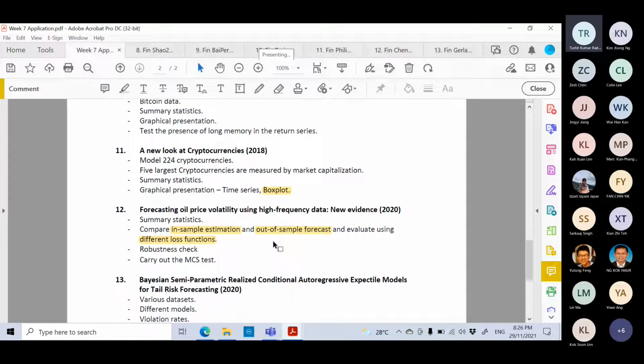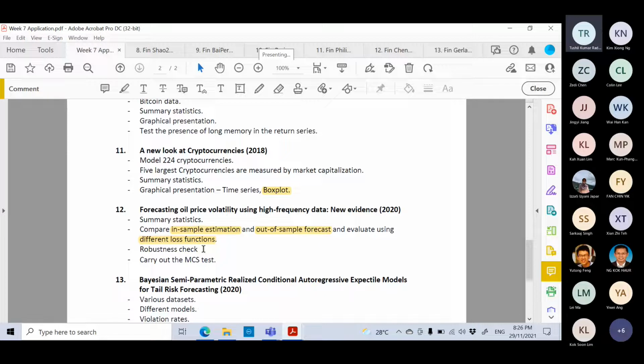How good is your estimate with the true empirical data? Besides this, in their application in this study, they also carry out a robustness test to test whether their model is really good.